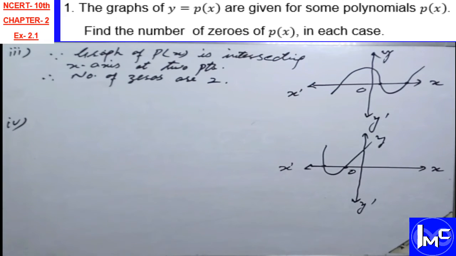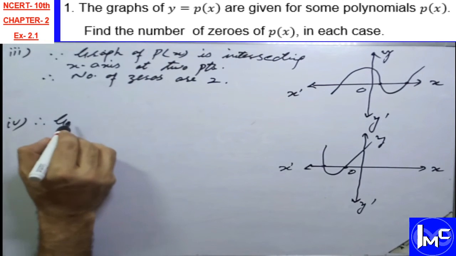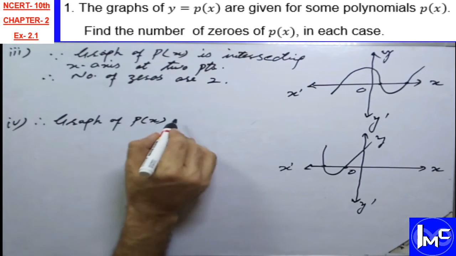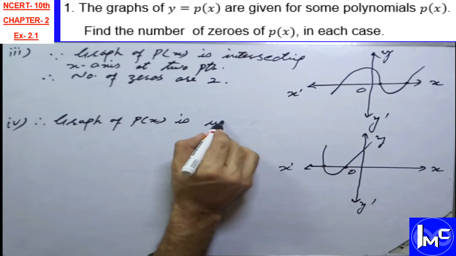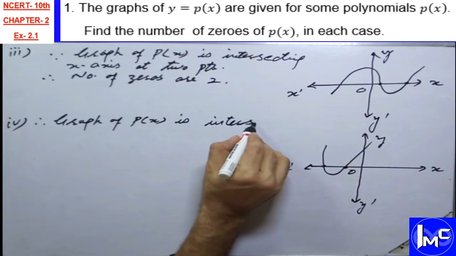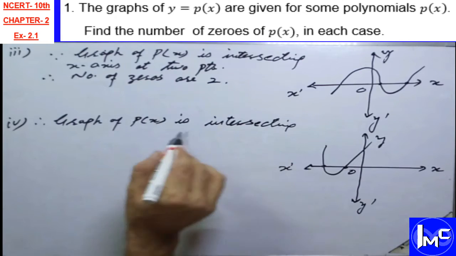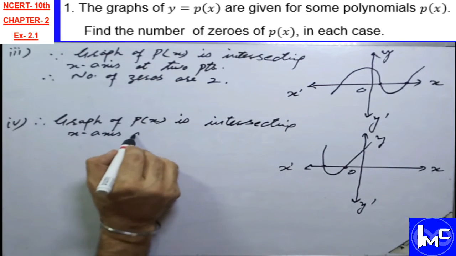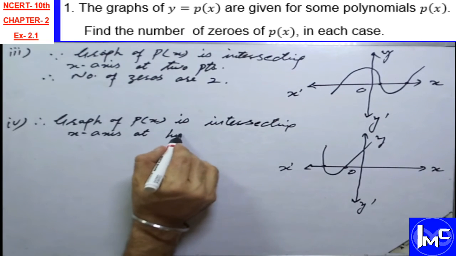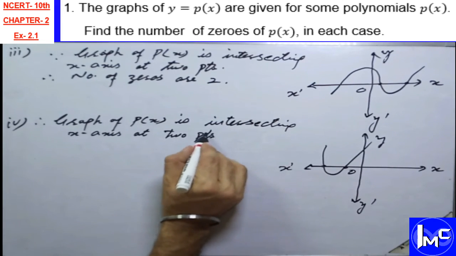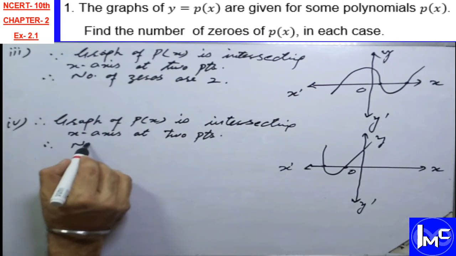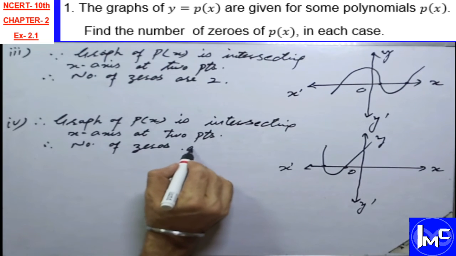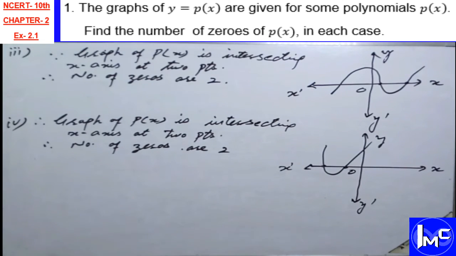Again, the graph of p(x) is intersecting the x-axis at 2 points. Therefore, the number of zeros is 2.